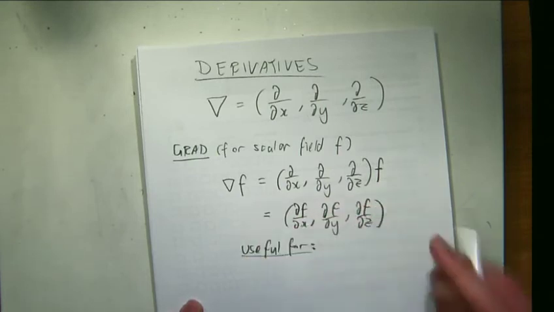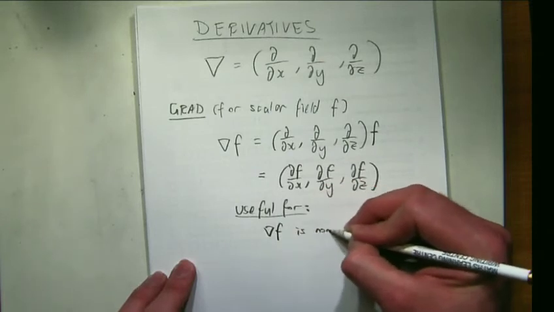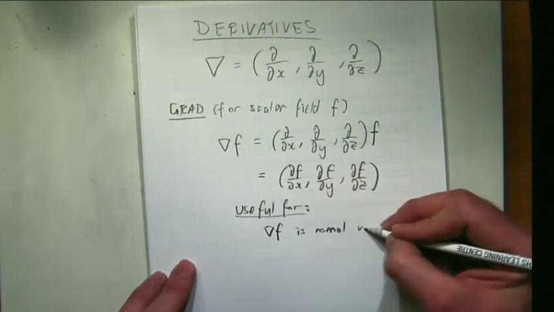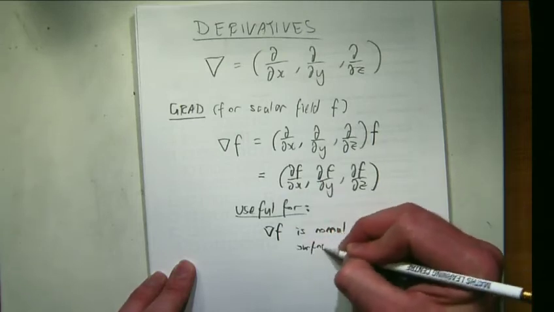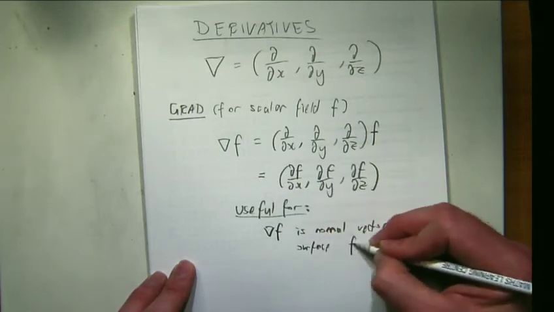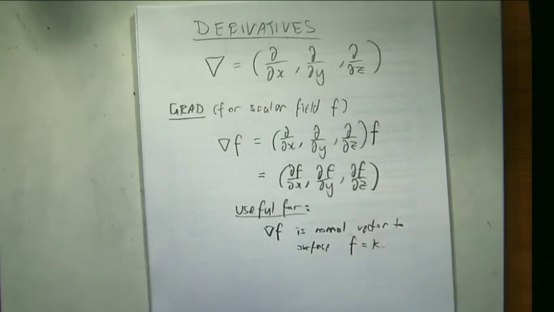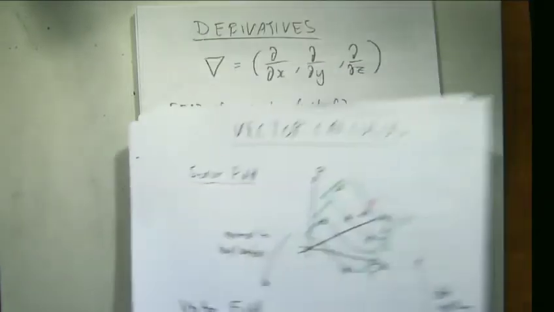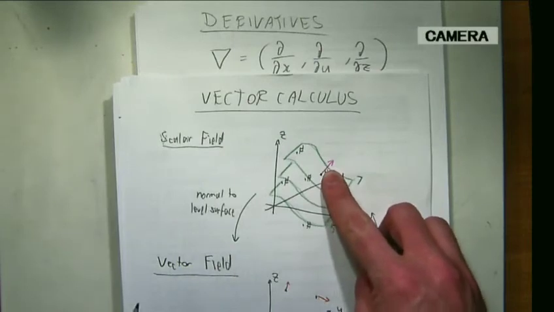So we have that grad f is the normal vector to the surface where f is some constant. Any constant will do. So those normal vectors that I wrote over here right at the beginning, that pink vector there, that's grad f at that point.